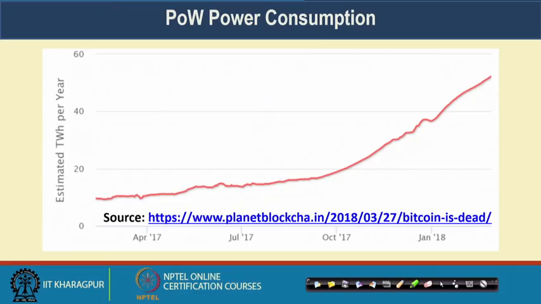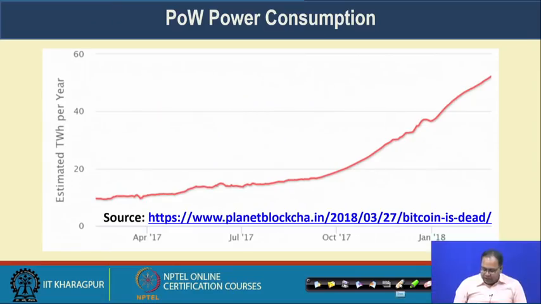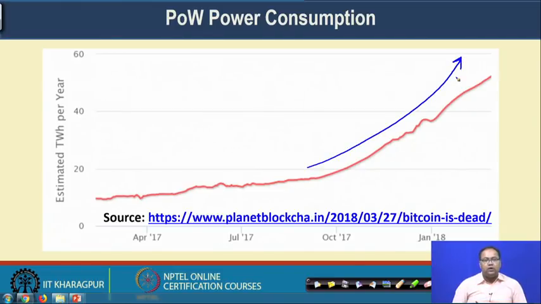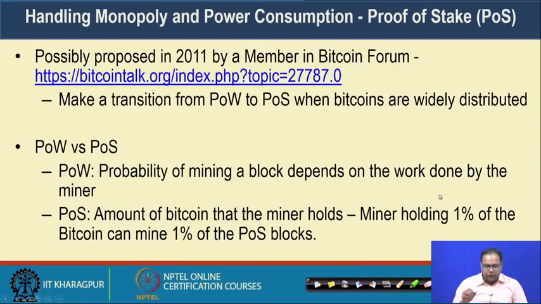This curve shows the amount of power consumption of the Bitcoin network. You can see that with time there is a kind of exponential growth in the power consumption due to Bitcoin mining.